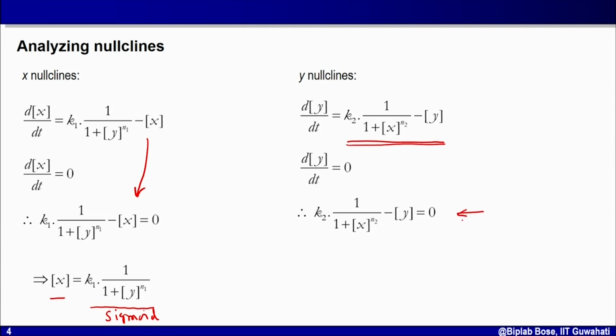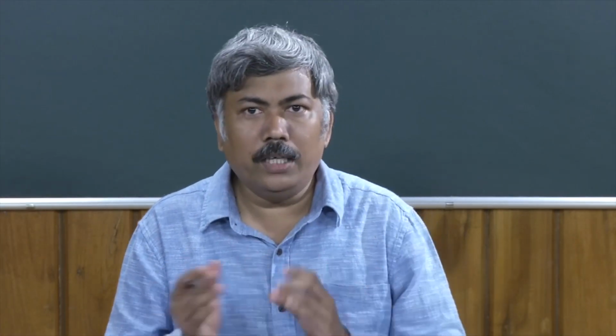Again I will separate out x and y on both sides of the equal sign. So I get y equal to k2 into 1 by 1 plus x to the power n2. Again this one is a sigmoid function. So now I have two equations, x equal to something, y equal to something. These are the x null cline and y null cline.